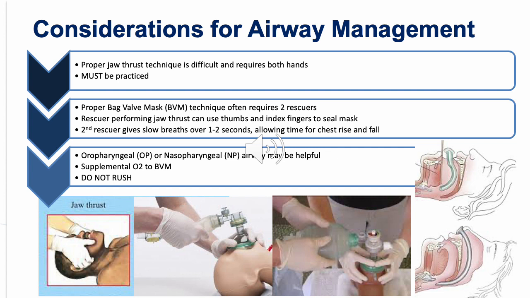Both of these will help with your supplemental oxygen, help keep the airway open a bit. Those really need to go in patients who are minimally responsive or unconscious. They're very uncomfortable, so the responsive or awake patient is not going to let you put those in. They take some practice. So again, the next time you're in a CPR class or a first aid class where you've got your resuscitation mannequins like these, ask to practice these skills.